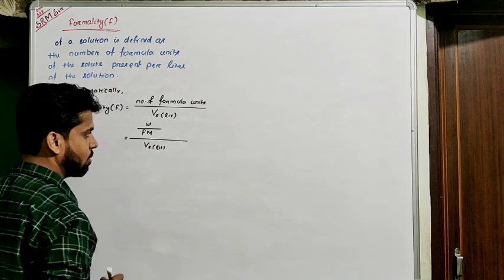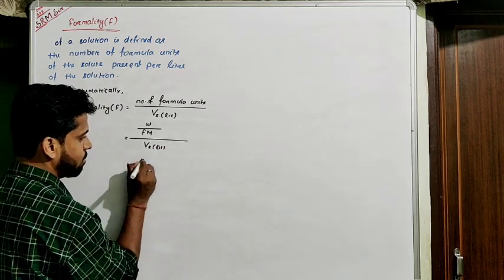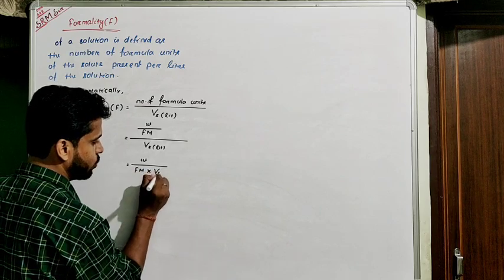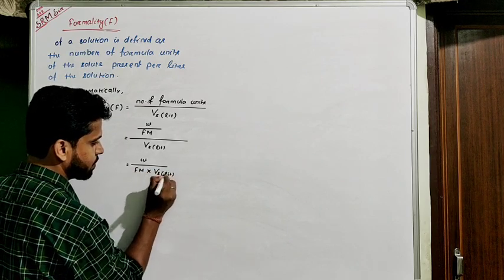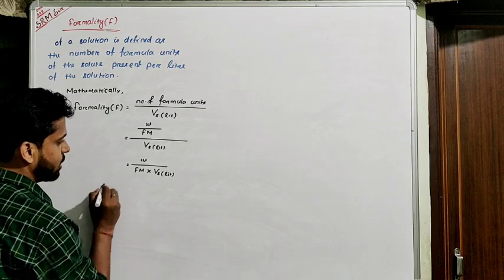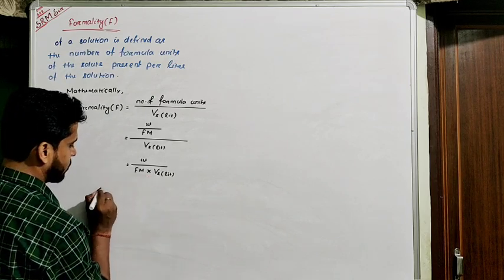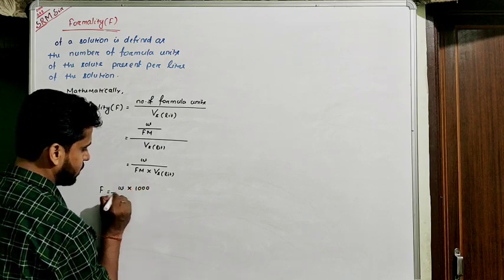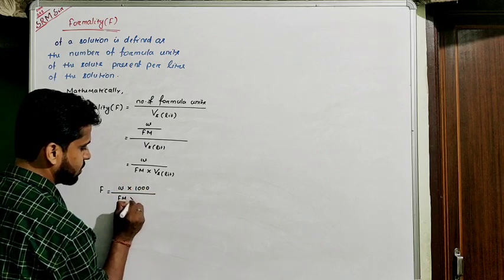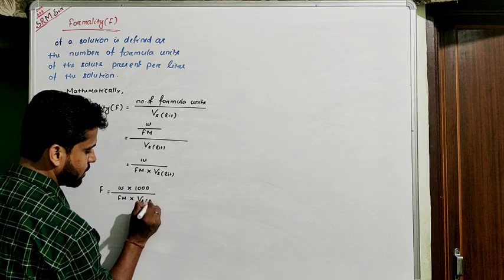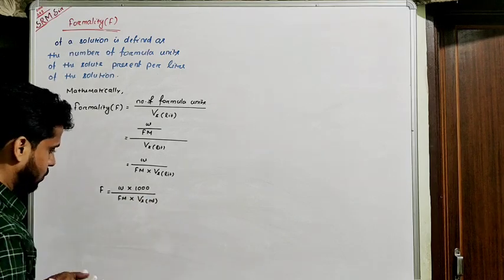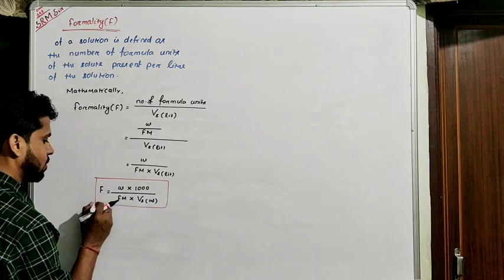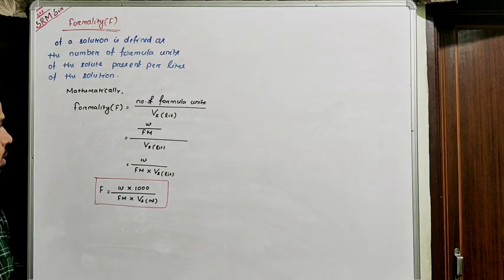I am explaining what formula mass is. So finally, if volume is in ml, formality is equal to W into 1000 divided by formula mass into Vs in ml. So this is the formula for formality.